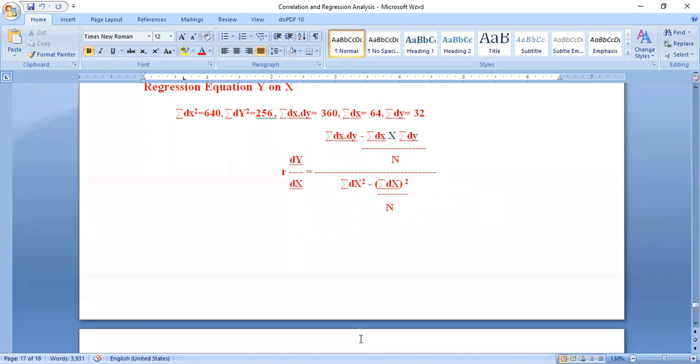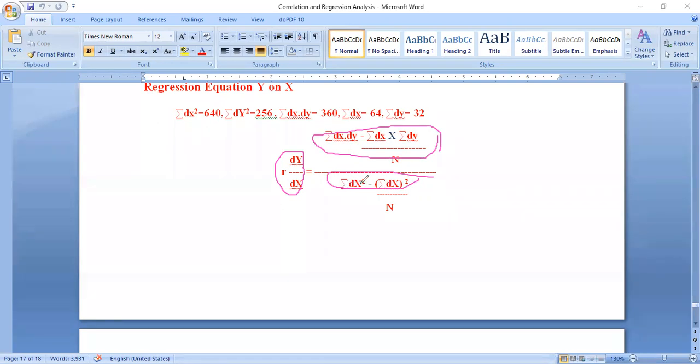In x on y, what we wrote was dx divided by dy, but for y on x we write r into dy divided by dx, which is equal to sigma dx into dy minus sigma dx into sigma dy by n. This numerator is common, but the denominator changes.